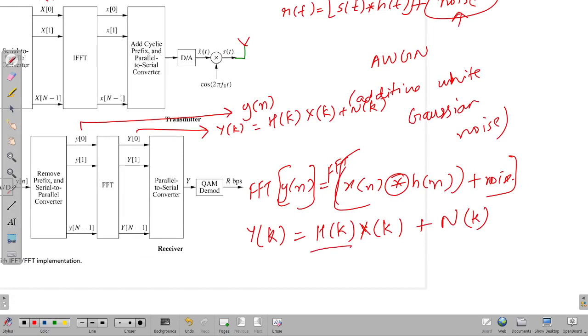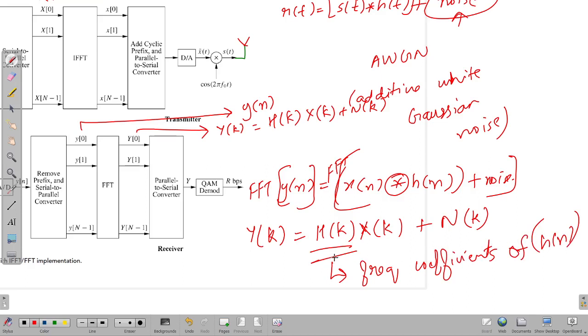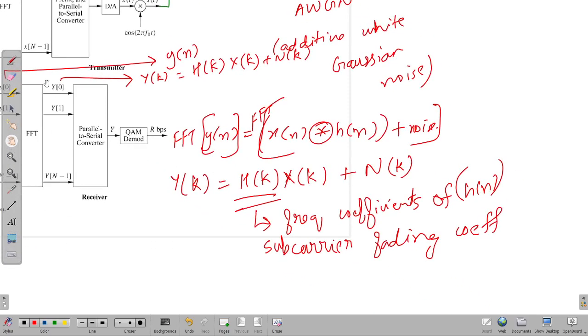One of them is h of k, which is the frequency domain coefficients of h of n, which is the impulse response. You could call it the subcarrier fading coefficient because it results in fading.